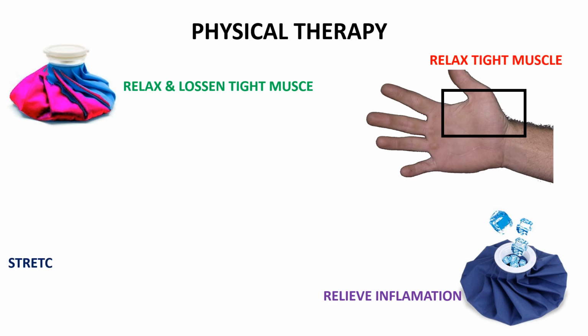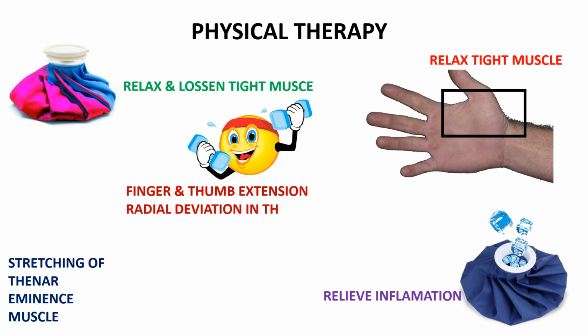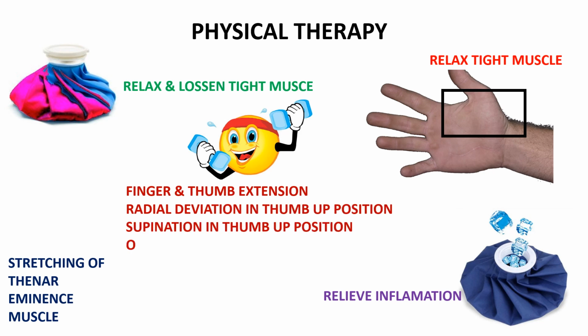The patient is also asked to do strengthening exercises: resisted fingers with thumb extension, resisted radial deviation in thumb up position, resisted supination in thumb up position, and resisted thumb opposition in thumb up position.